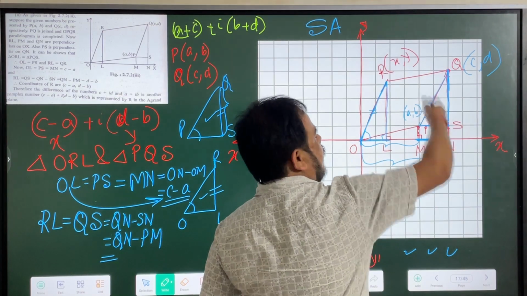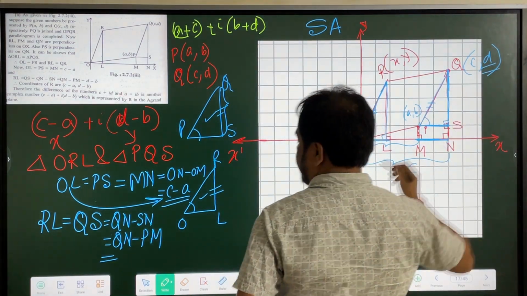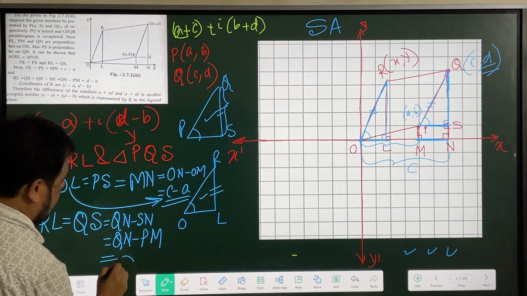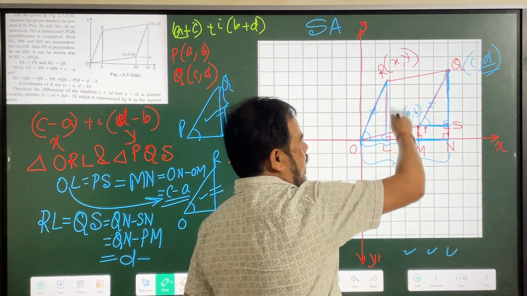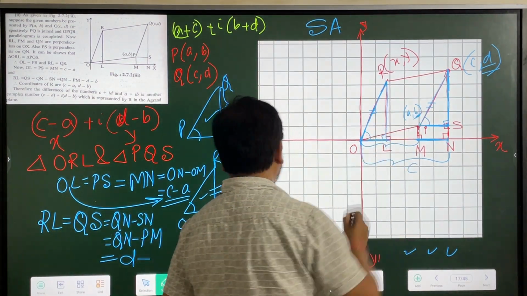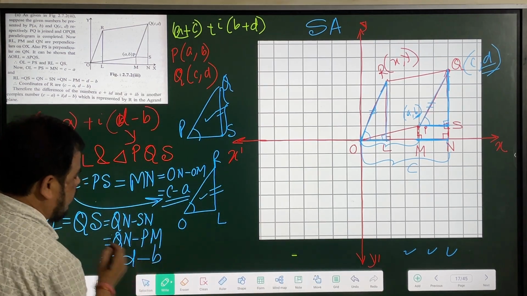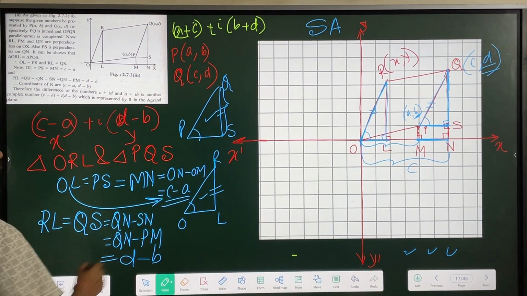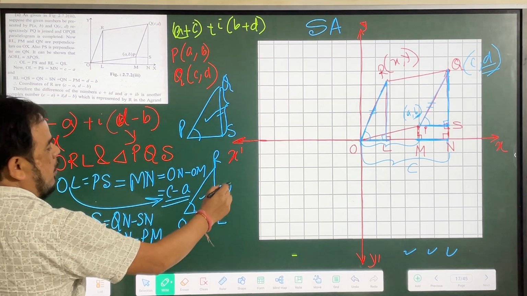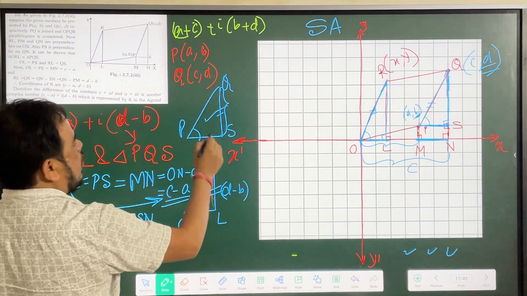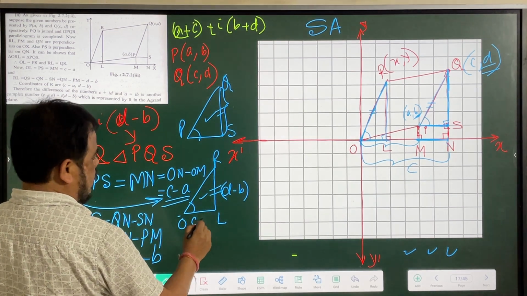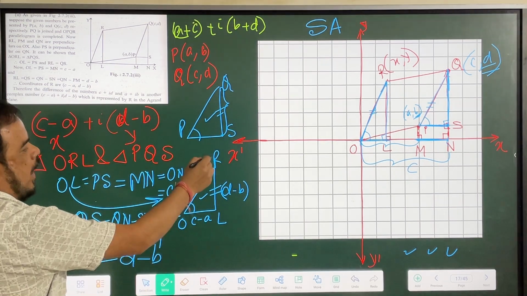QN, Y, so D. PM, Y, for Y, B is there. So B. So RL we have got D minus B. Then OL we have got C minus A.